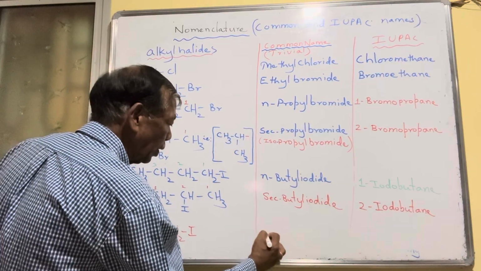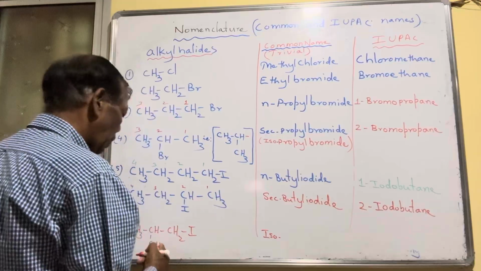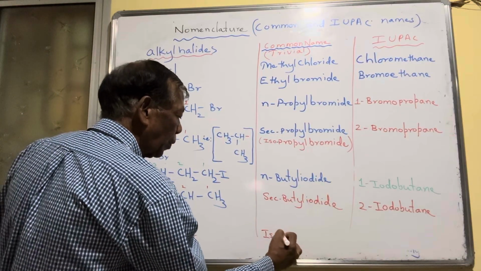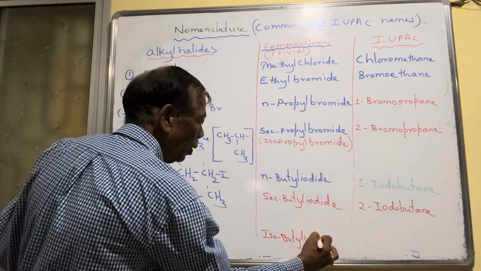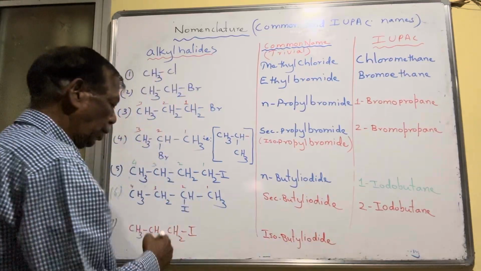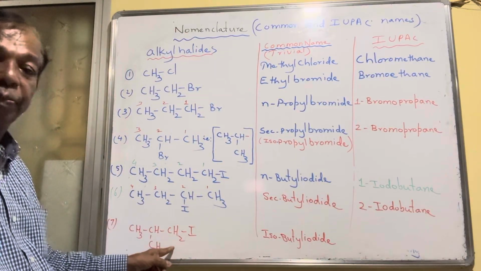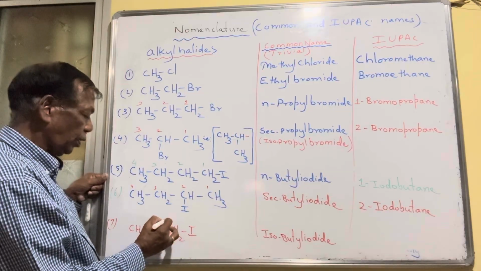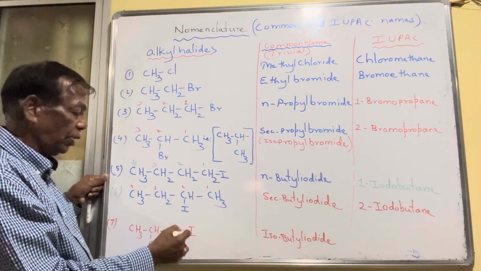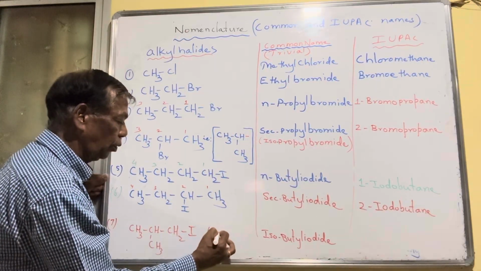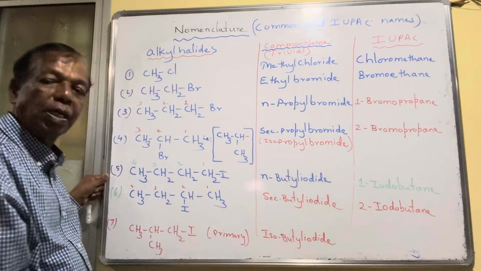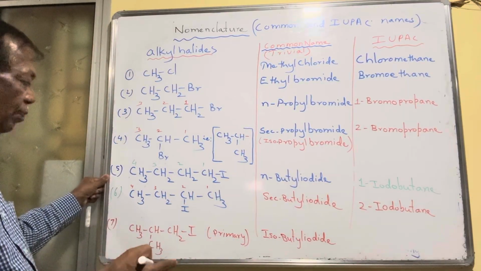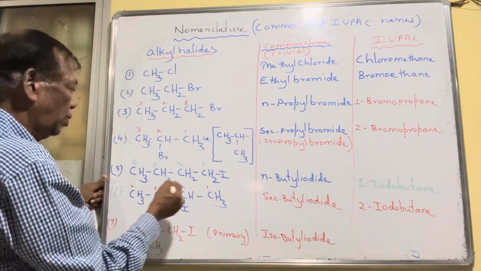So I will call it isobutyl iodide. Now this is not the secondary compound. Remember, this is a primary compound only. I'll write here so that you can know that this compound is primary, because a question can come in the NEET exam. This is secondary, sec.